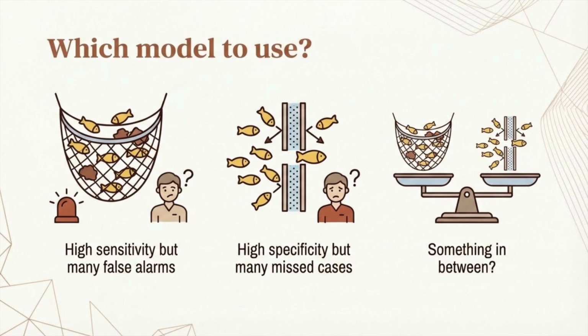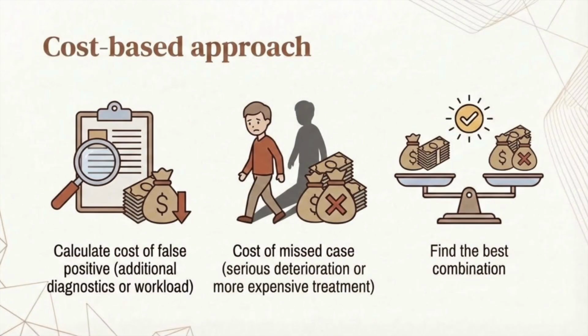It should be something in between. What exactly in between? Last time we talked about the ROC curve. That's exactly the point of this curve: what thresholds we should use for our model. And there are methods to define it accurately.